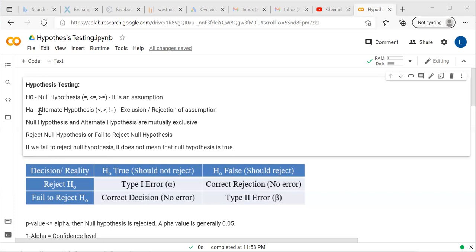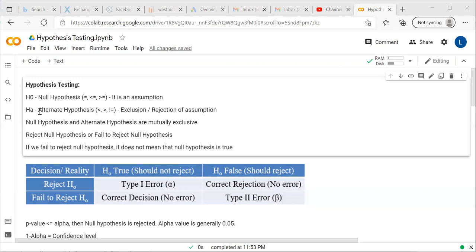There can also be a different concept. As a customer, what you would believe is that you want at least 100 gram. So in that case, your null hypothesis will be greater than or equal to 100 gram. But as a manufacturer, it has to be 100 gram, but it should not go higher than 100 gram.